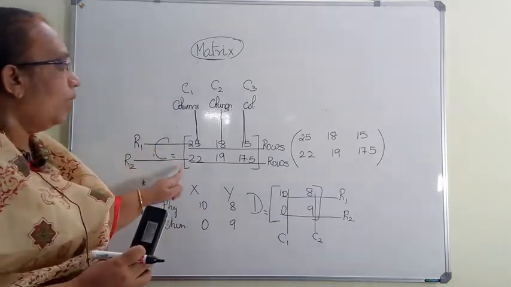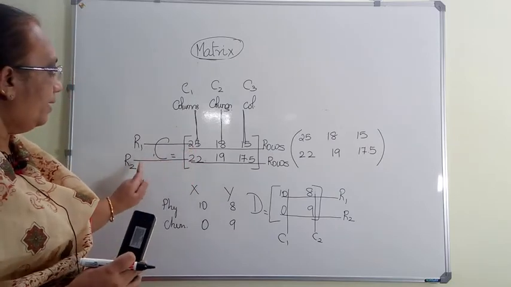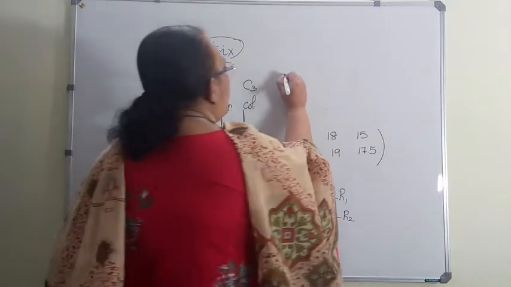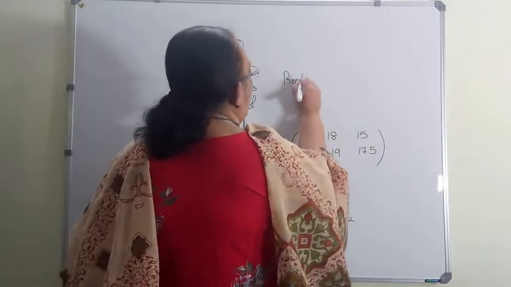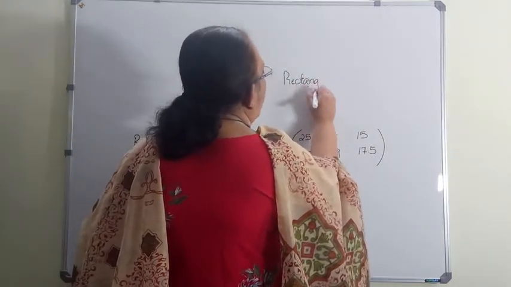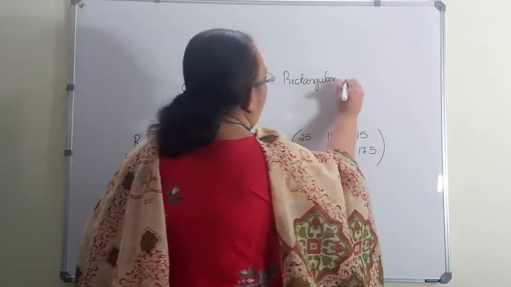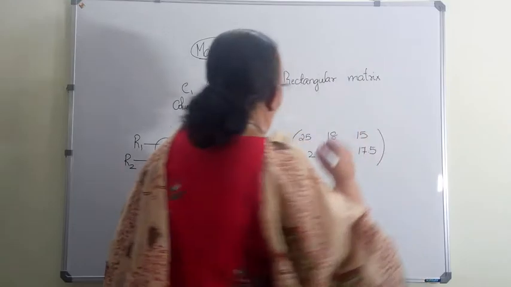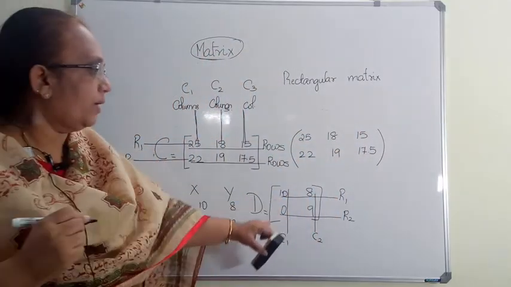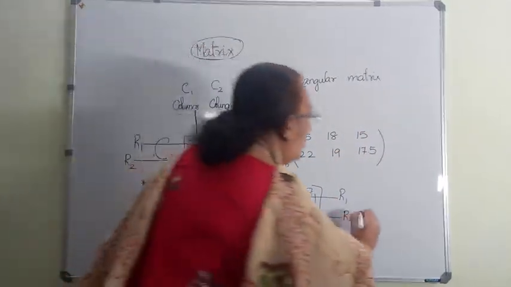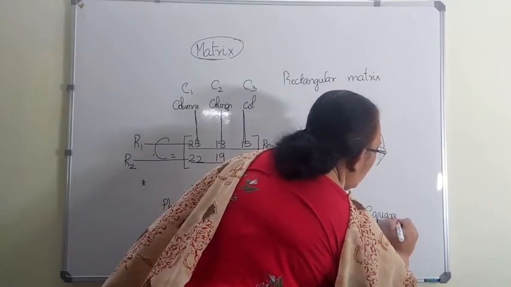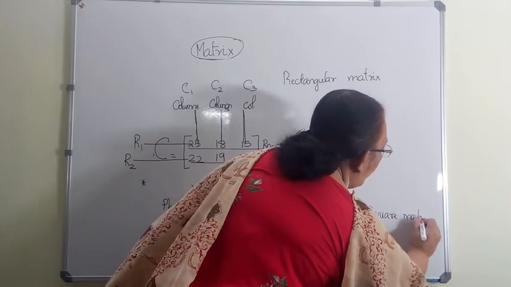If the rows and columns are not equal, as in the first example, we call it a rectangular matrix. And if the number of rows and columns are equal, we call it a square matrix.